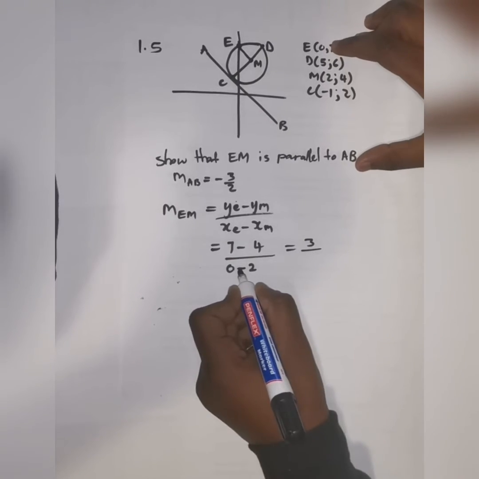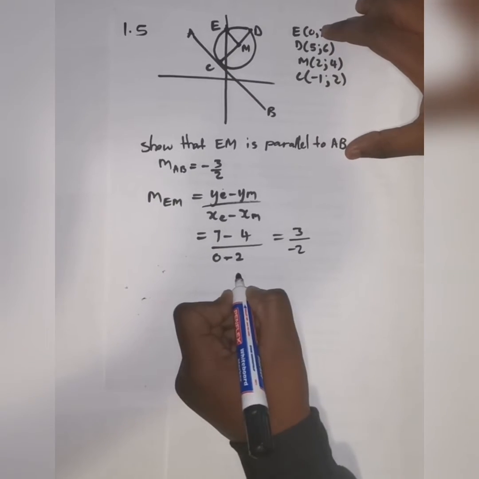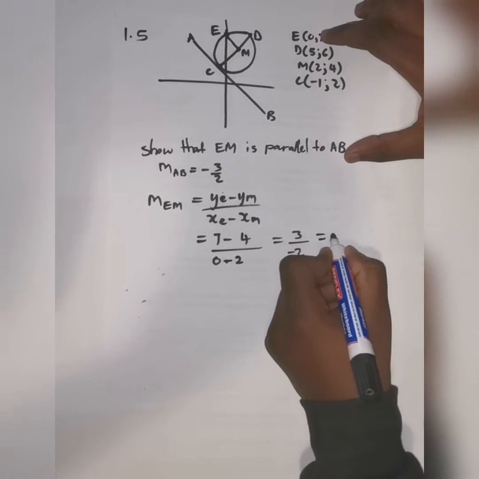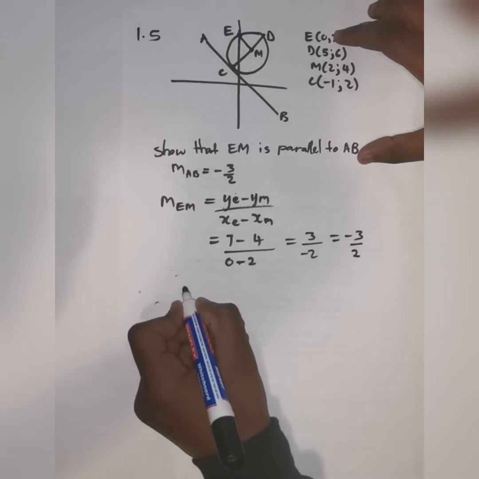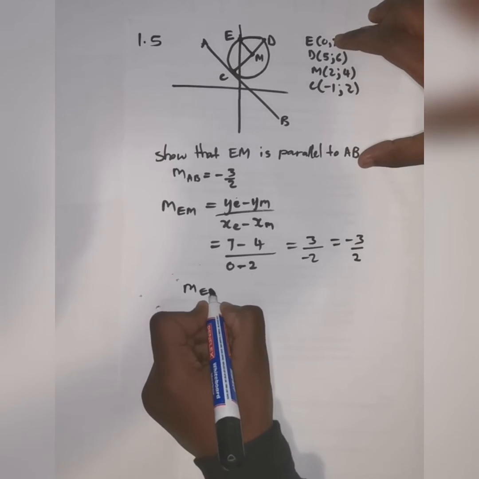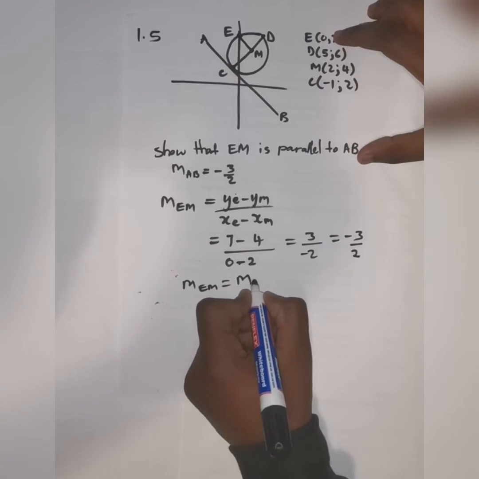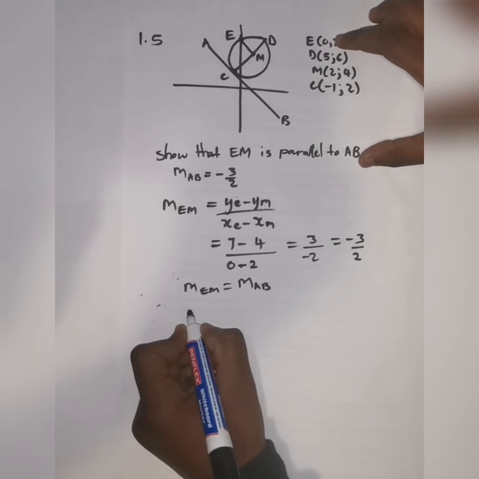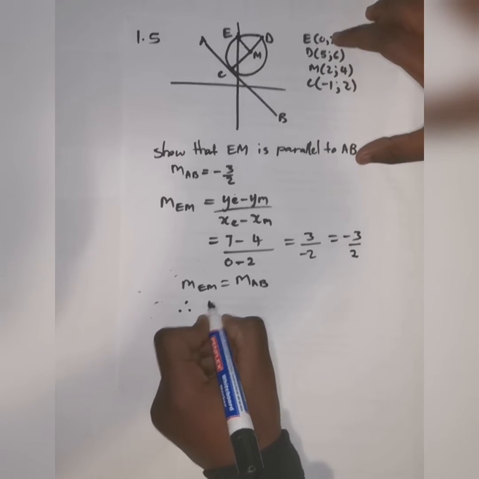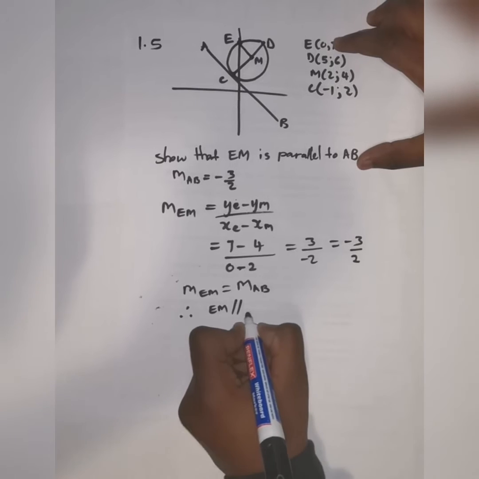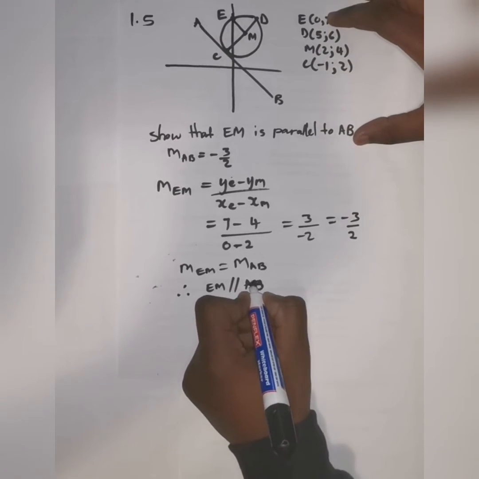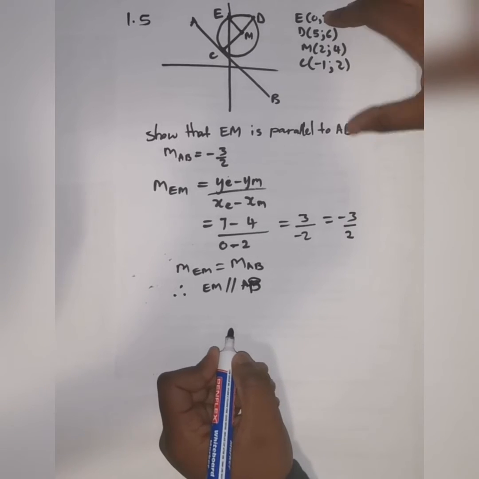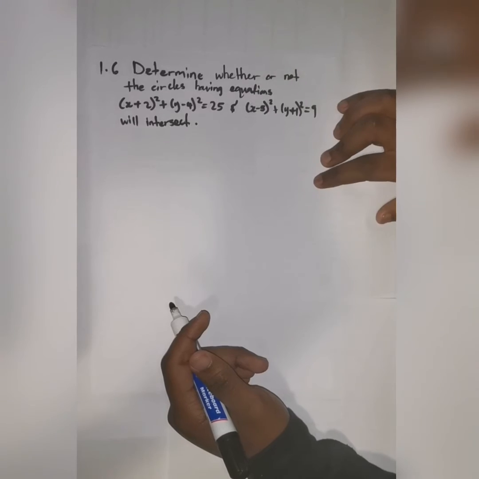Please be careful right here, it's going to be a negative 2 at the bottom. So this gives us negative 3 over 2. As you can see, the gradient of EM is equal to the gradient of AB. Therefore, EM is parallel to AB. That's all for the fifth question.